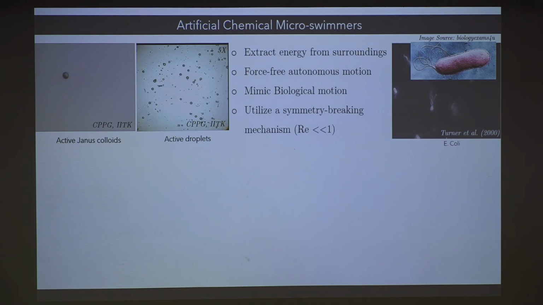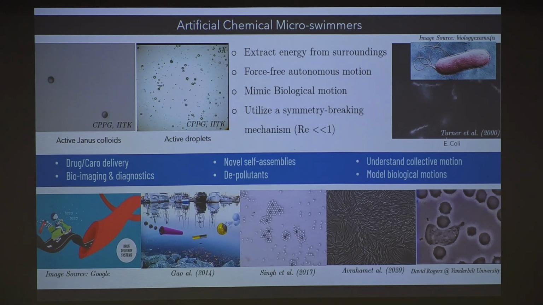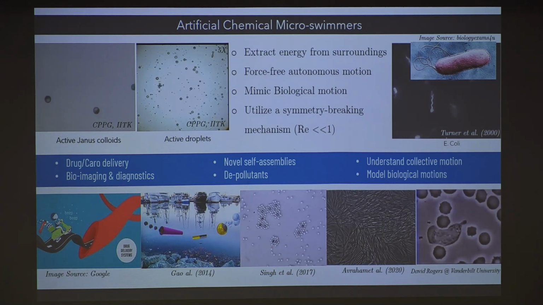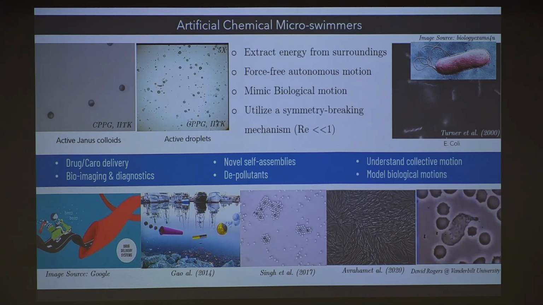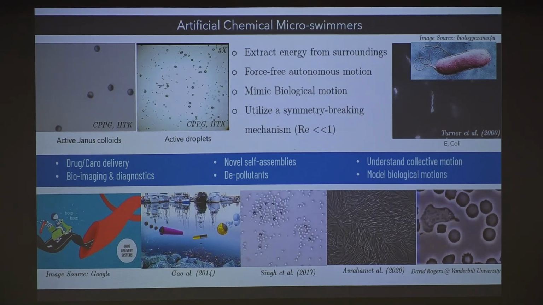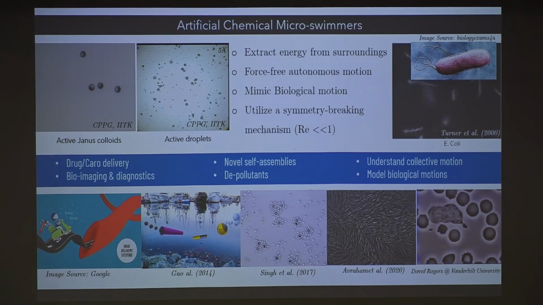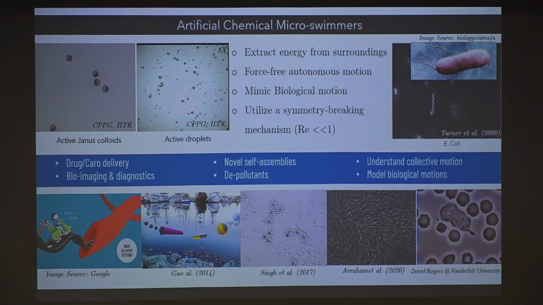These are self-propelled droplets. They interestingly do not have any built-in asymmetry in them. So what is their mechanism of self-propulsion? I'm going to talk about that in a minute. Now, as engineers, we always have to propose some potential applications, because without that we will not get any students. So artificial swimmers carry several applications.